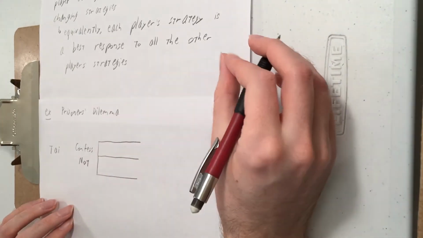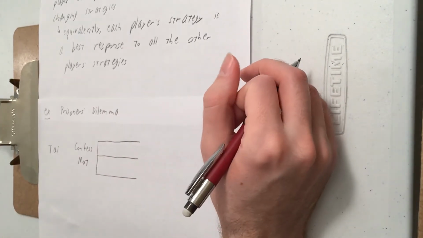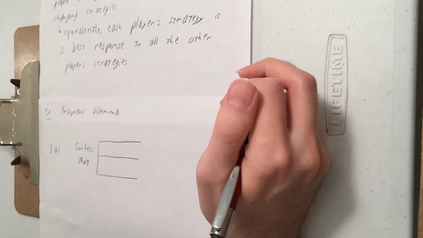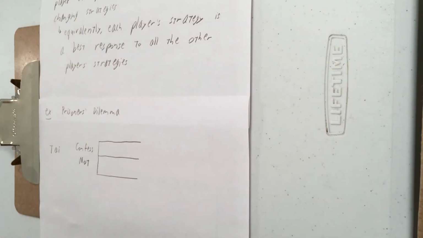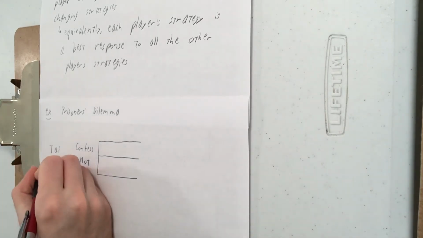So the police have caught two criminals on a small minor charge. They suspect that they've worked together on something much bigger as well. However, they can only prove the smaller crime. They don't have enough evidence to convict them on the bigger crime.